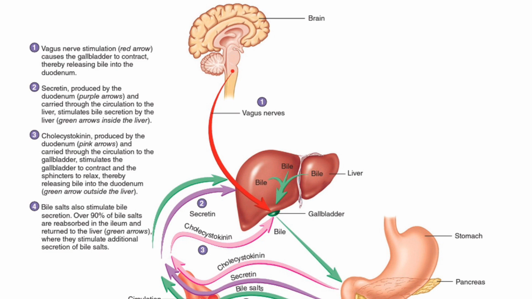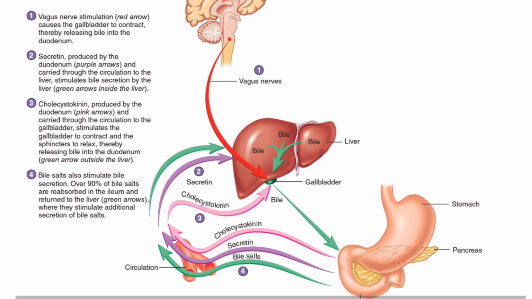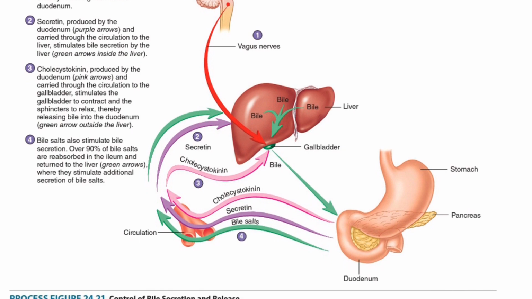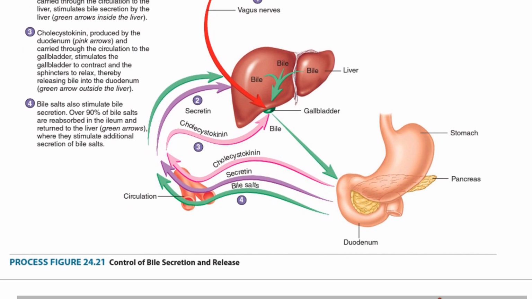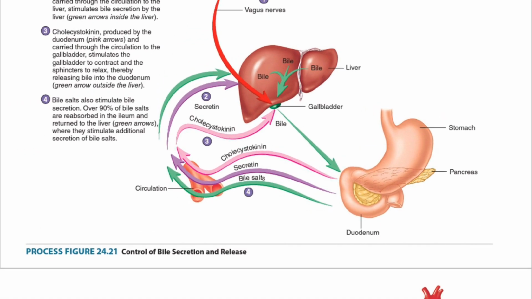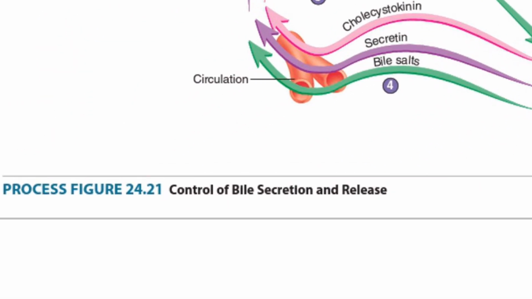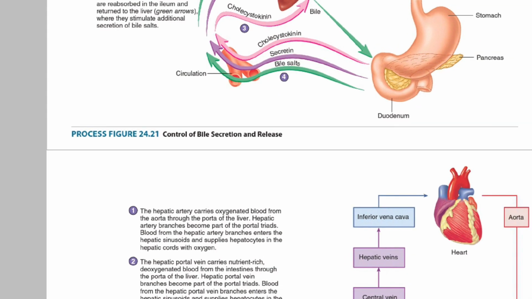In our previous lecture we had discussed this, but this is also a very good concept map. So you can go through this. Points 1, 2, 3, 4 on the left are written. Title of the figure: control of bile secretion and release.